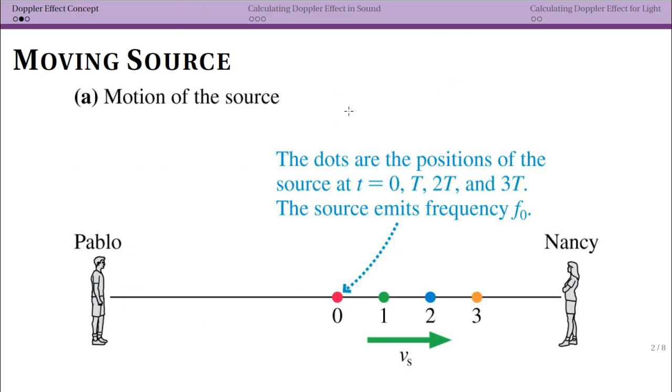So let's start thinking about our source moving. The book doesn't do the derivation for the observer moving, and it's easiest to think about the source moving. We have four dots, counting's hard, which represent where the source is at different moments in time. Initially t equals 0, and then at each period after. So if we say that it starts by emitting a crest, we're going to have another crest when it gets to 1 period, another crest at 2 periods, another crest at 3.